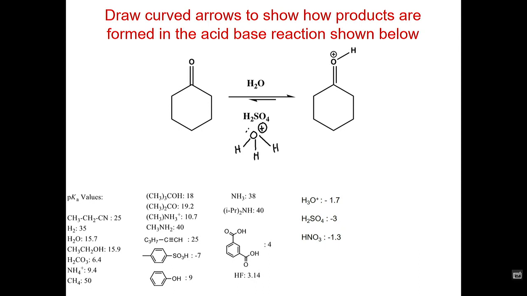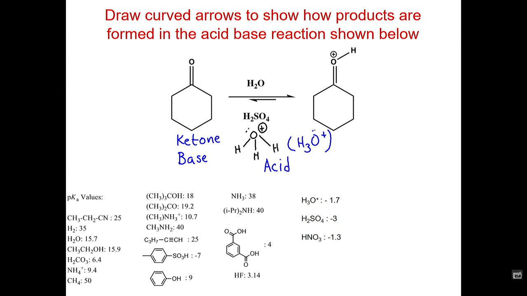Since the lone pair on the ketone grabs a hydrogen, we know that the ketone is the proton acceptor. The ketone is really the base in this reaction, because it is accepting a proton from hydronium, which is the proton donor and the acid in this reaction.